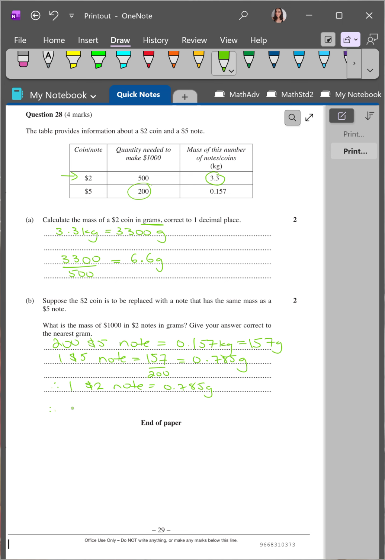So, therefore, 500 $2 notes is 0.785 times 500, and that equals 392.5 grams. And they're asking us for the answer correct to the nearest gram, so it's going to be 393 grams to the nearest gram.